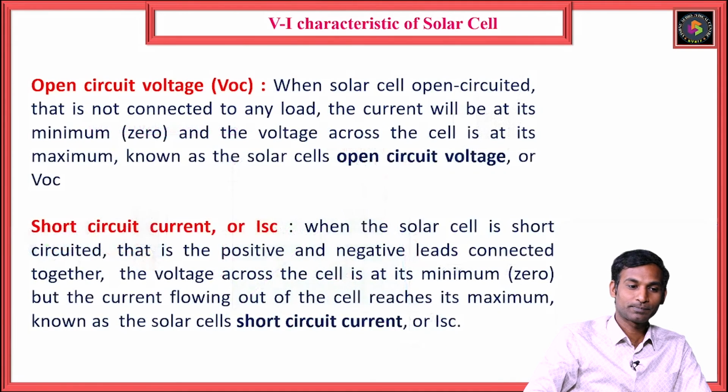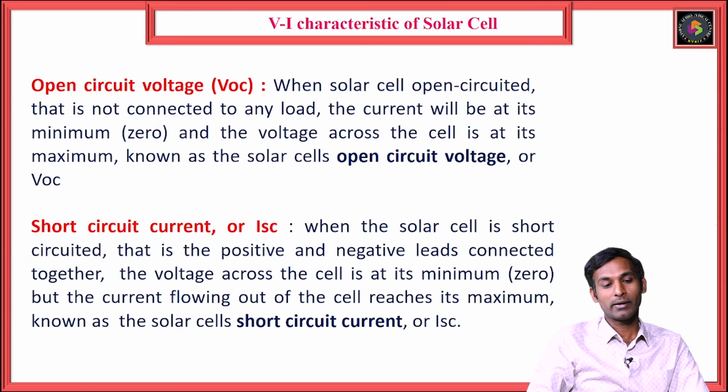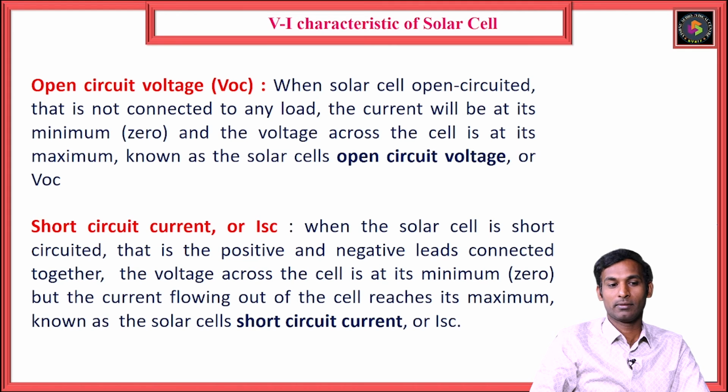You can see here the VI characteristics of the solar cell: open circuit voltage and short circuit current. Open circuit voltage is when the solar cell is open circuited, that is, not connected to any load. Very important, once again I am repeating the point.